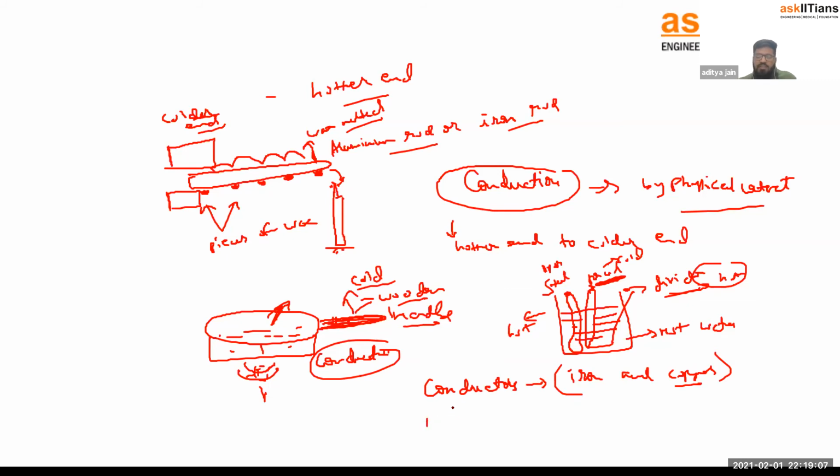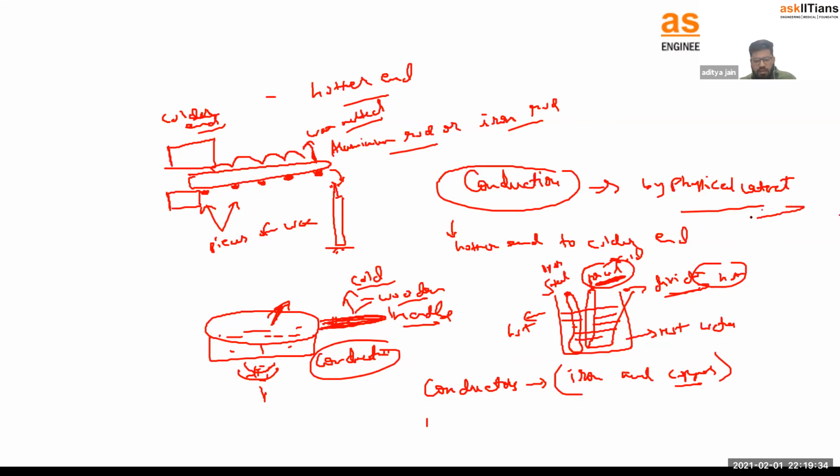There are certain materials which do not allow the transfer of heat through them easily. The pencil is an example of that. Pencil is made up of insulator. The materials which do not allow the transfer of heat through them are known as insulators. That's why there was no transfer of heat from water to the pencil, so the pencil was not hot.